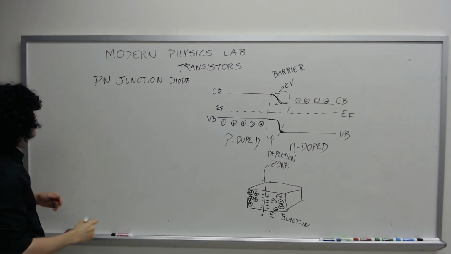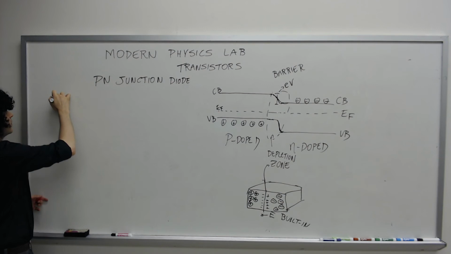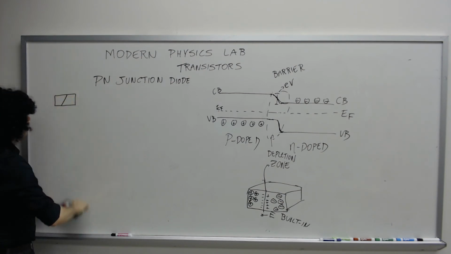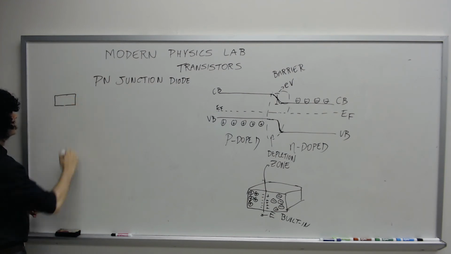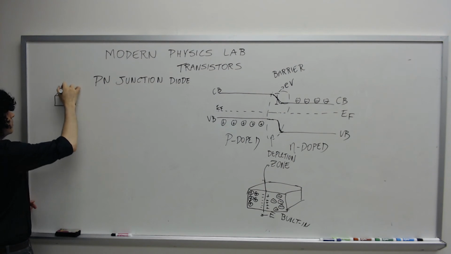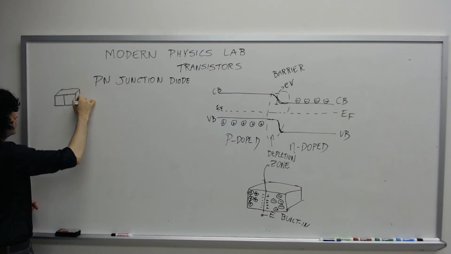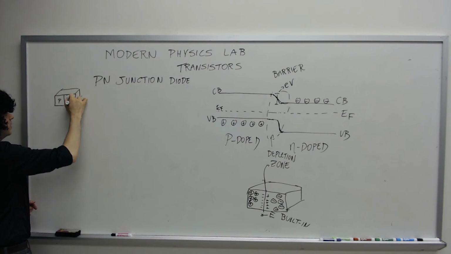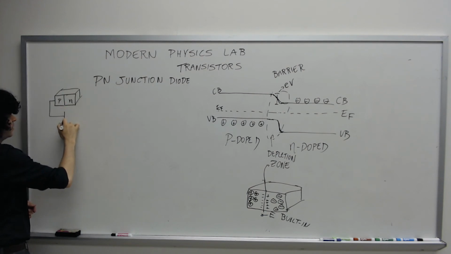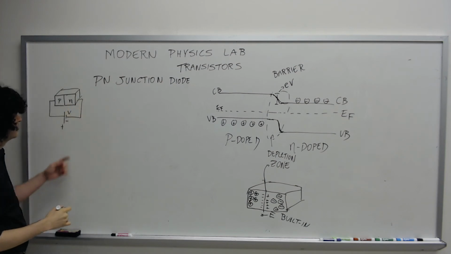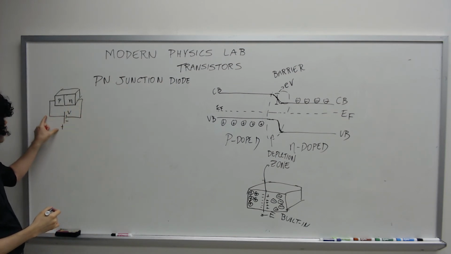So now, suppose I take this device, let me draw here, a very small device. And now let's apply a voltage across this device. So apply a voltage here, a bias, a voltage across this device.